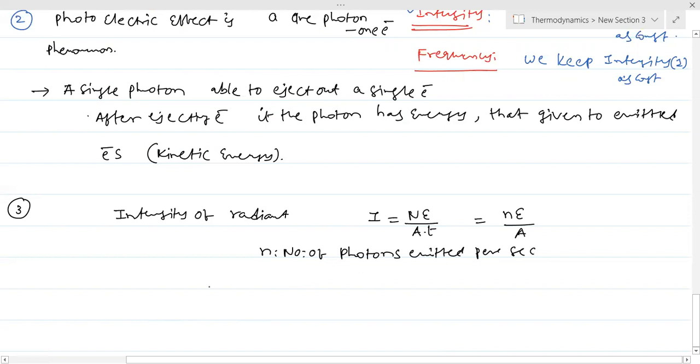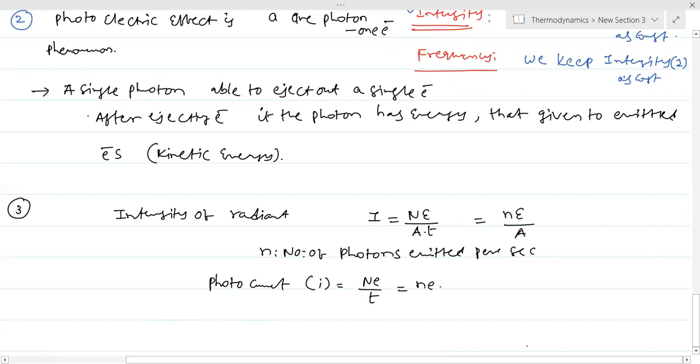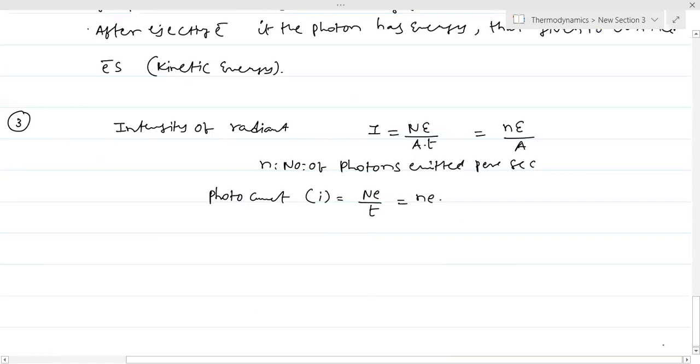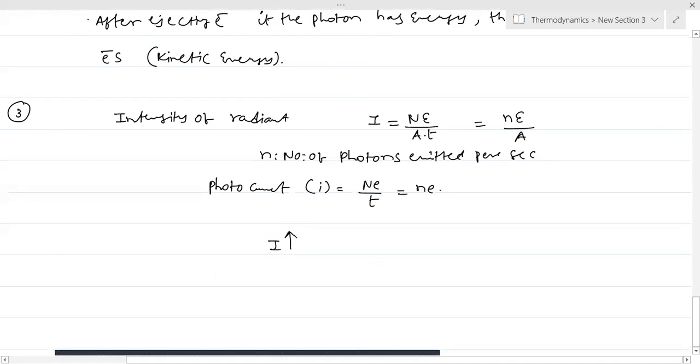And we are also thinking of photocurrent. Photocurrent, I equivalent to Ne by T, or simply Ne. We need to keep in mind that whenever intensity increases, automatically the number of photons increases.